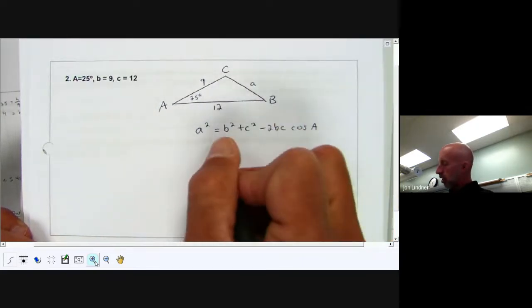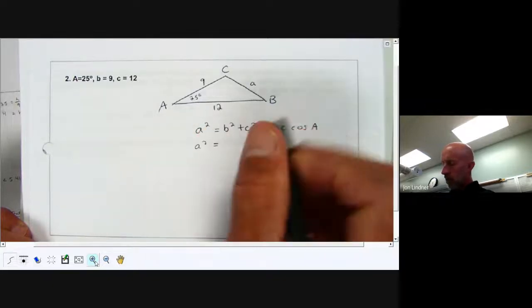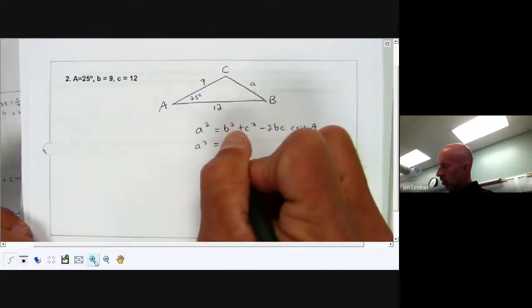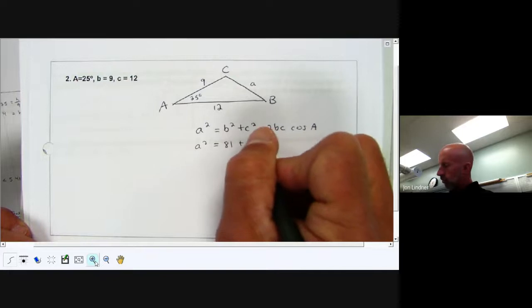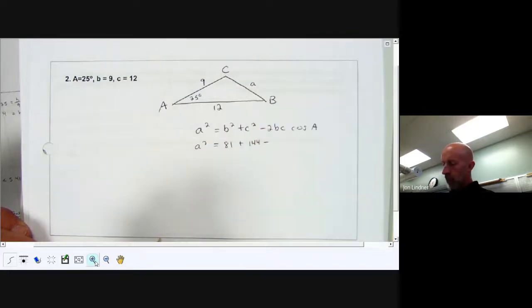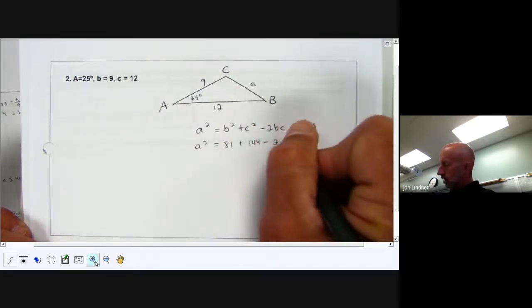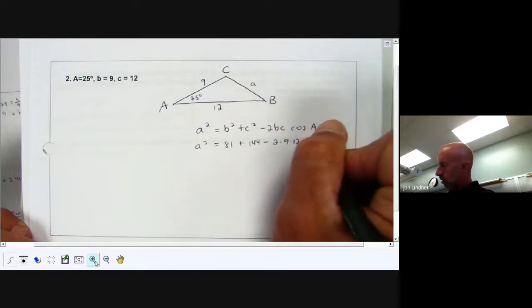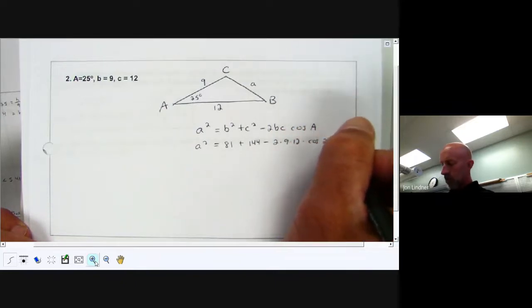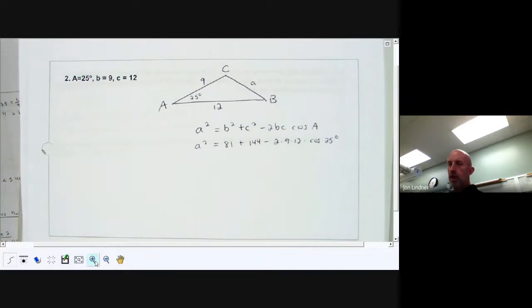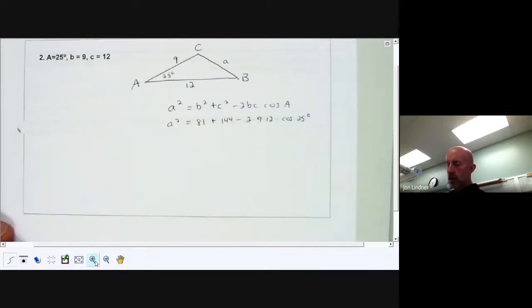And we just plug in our numbers. A squared equals 9 squared, which is 81, plus 12 squared, which is 144, minus 2 times 9 times 12 times the cosine of 25 degrees. A lot of numbers, okay, but it's really just plugging into the formula.